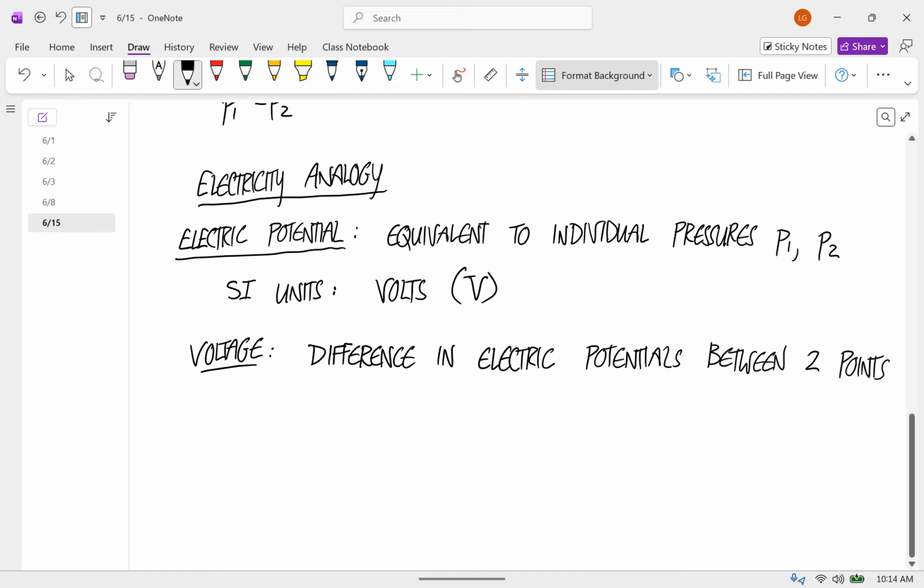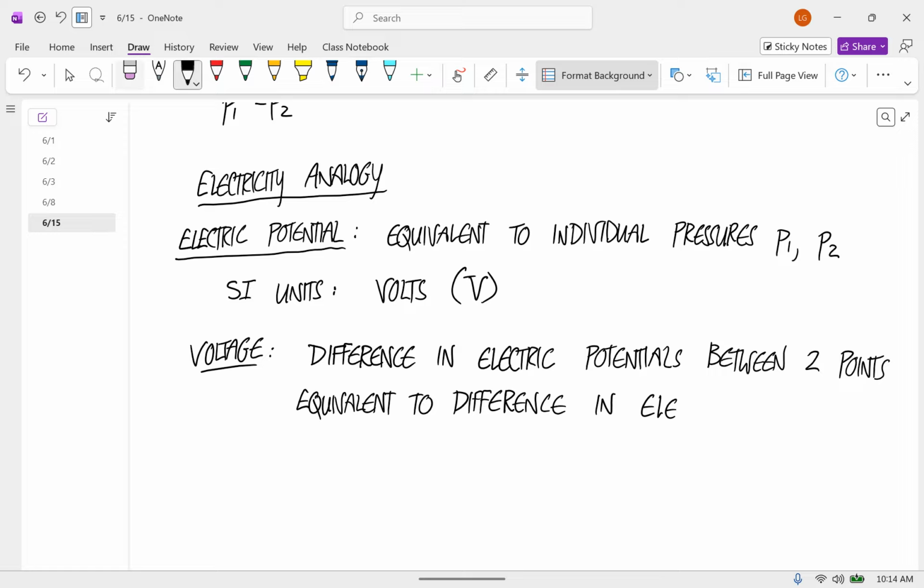And when you think about the electricity analogy, think of voltage as being equivalent to the difference in pressures between 2 points.